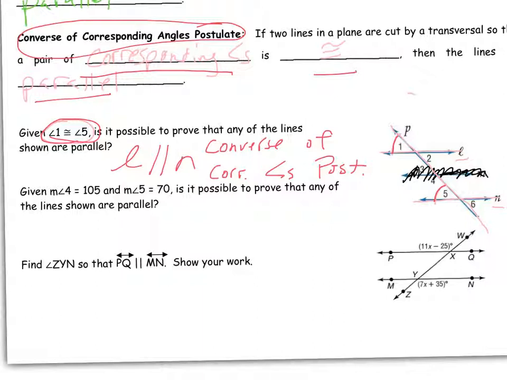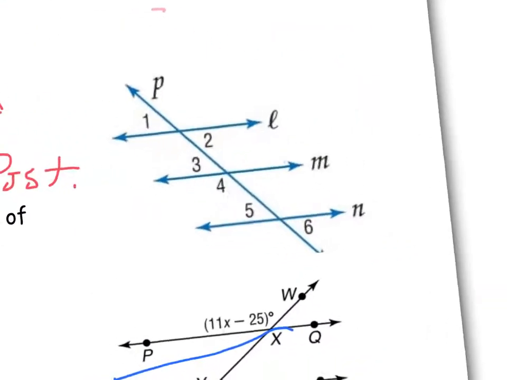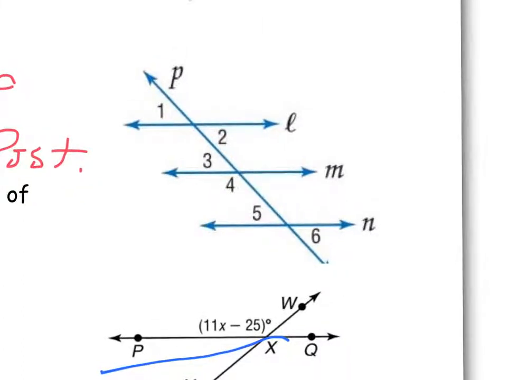Okay, let's look at the next question. Again, remember, we're proving lines parallel on these questions. It says that given that the measure of angle 4 is, M is 105, the measure of this angle right here, and the measure of angle 5 is, what is it, 70? Can we prove anything parallel?